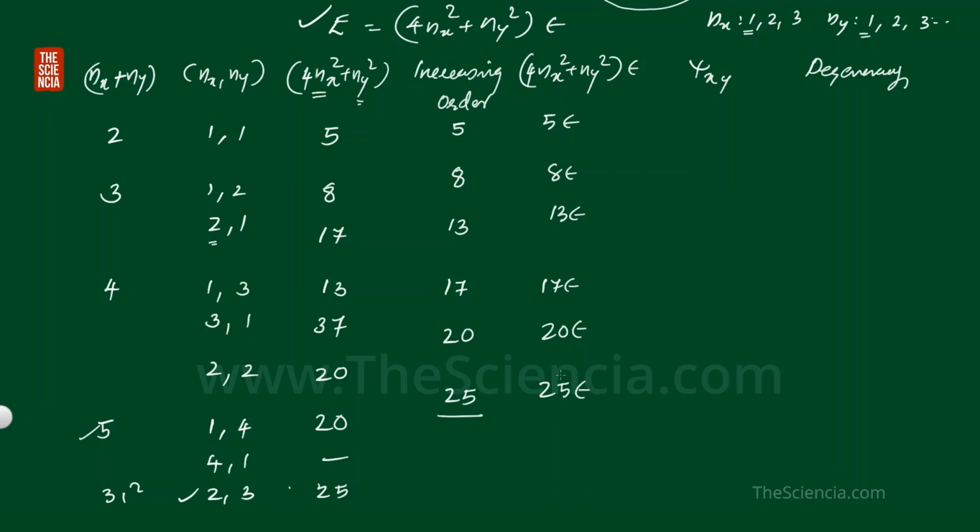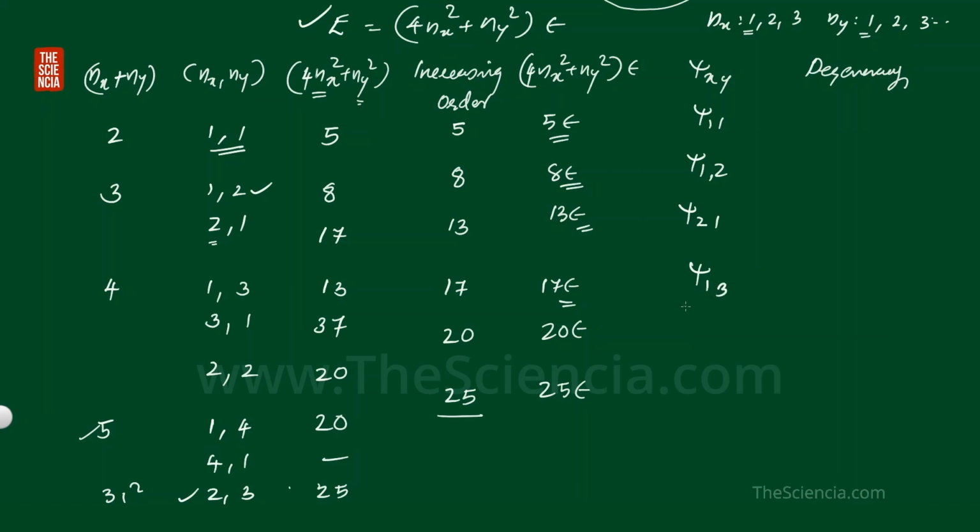So for energy 5E, the state is this one, that is psi 1,1. For the energy 8E, the state is psi 1,2. And for the energy 13E, the state is psi 2,1. And for the energy 17E, the state is psi 1,3.